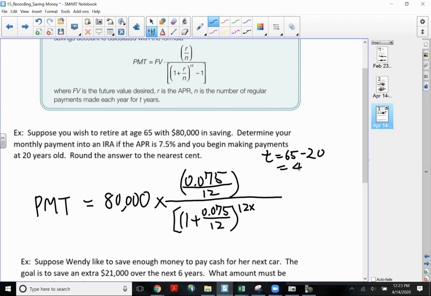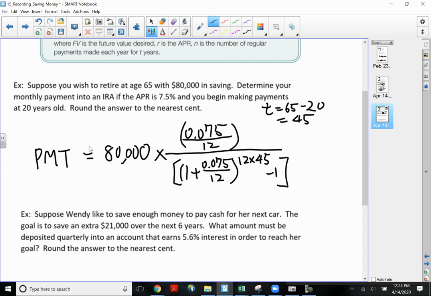That's actually 45 years. So that will be times 45, and then minus 1, close bracket. This one is a little bit tricky to key in, okay?